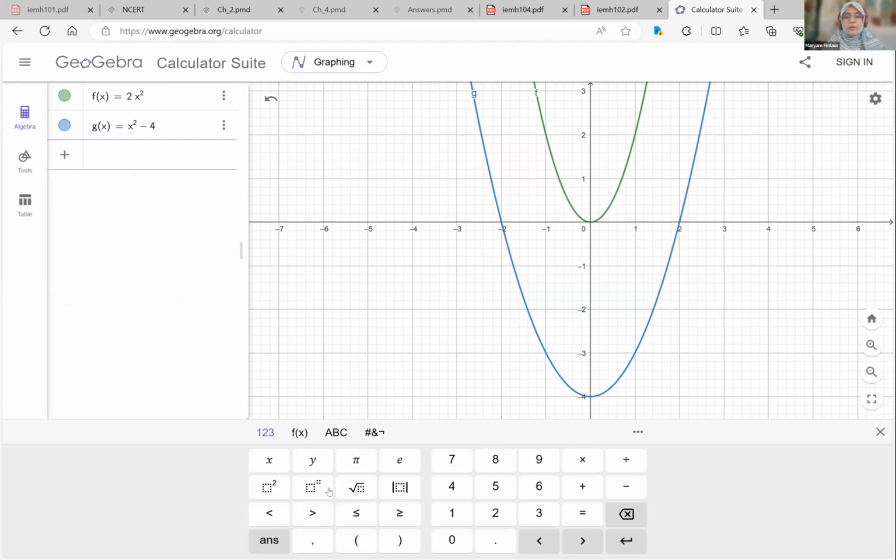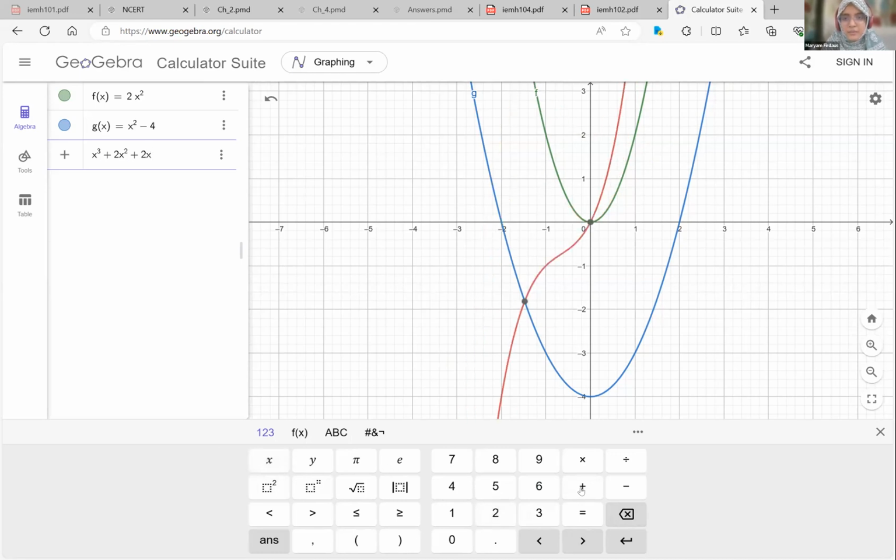Cubic. So let's say x cubed plus 2x squared plus 2x, I guess.